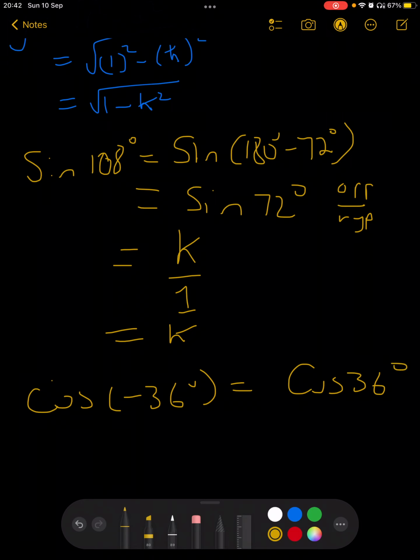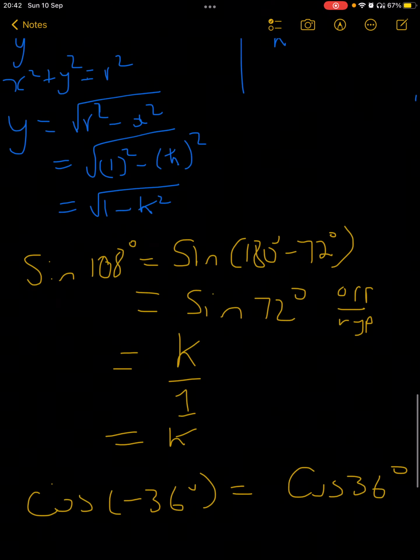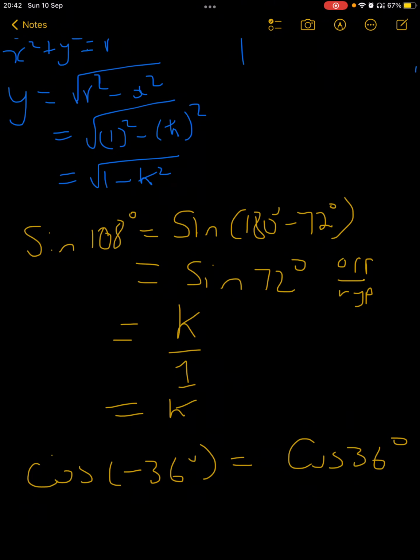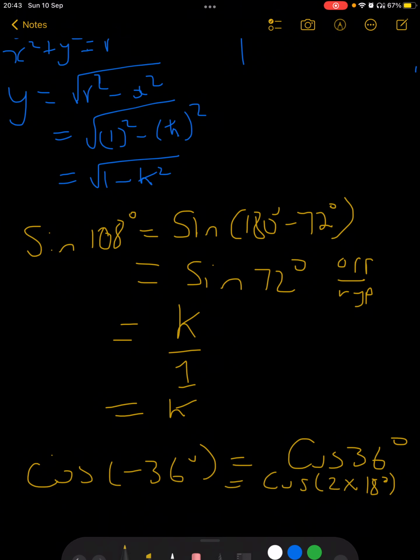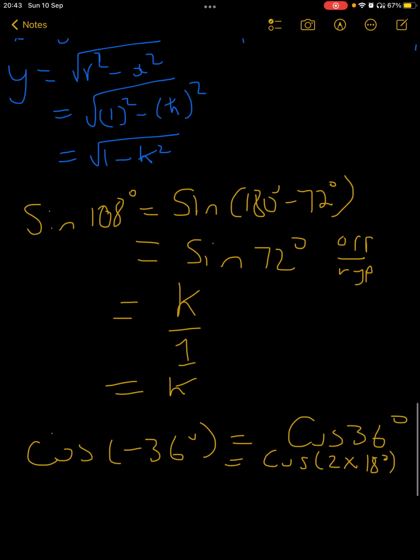Now, 36 doesn't belong in that right-angle triangle, but we must remember that in grade 12 we learn about double angles. So this is cos of 2 times 18 degrees, and we can express that using what we've been given, cos 18.